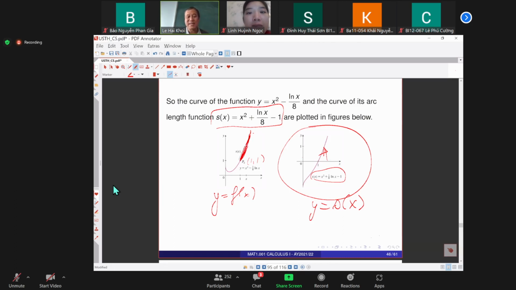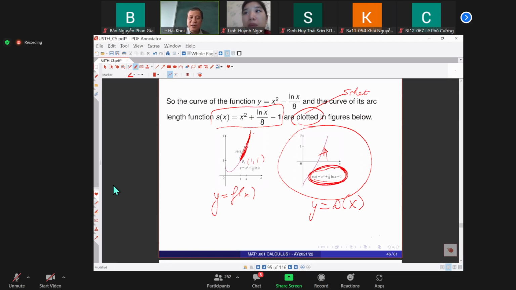By this example, you may be aware that you can be asked to sketch or plot, right? This is the same as sketch. The graph of the arc length function.